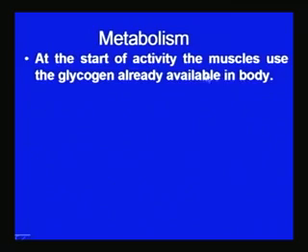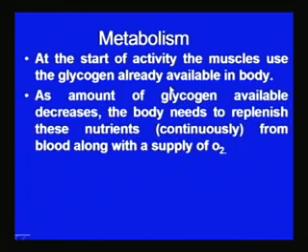And for that a lot of oxygen is required, which should be supplied continuously by the blood to the lactic acid, so that it is dissipated continuously. At the start of any activity, muscles use the glycogen which is already available in the blood, but over a period of time, when the glycogen is consumed, these nutrients are depleted in the body, and the body needs the replenishment of these nutrients.